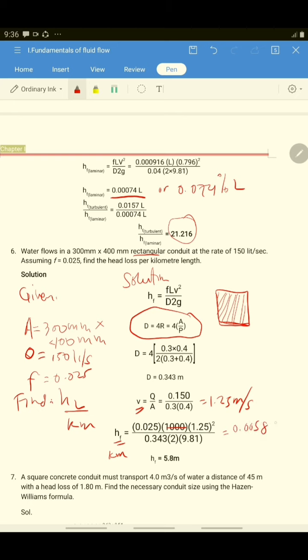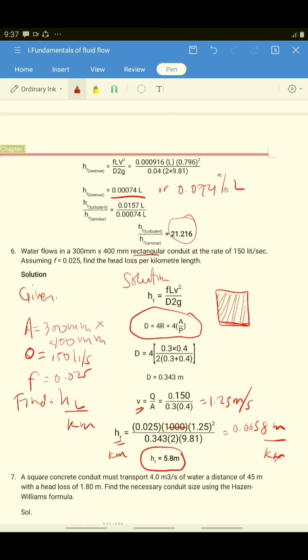0.0058 meters per kilometer, or in 1 kilometer you have 5.8 meters, because in 1 kilometer it is equal to 1,000 meters.